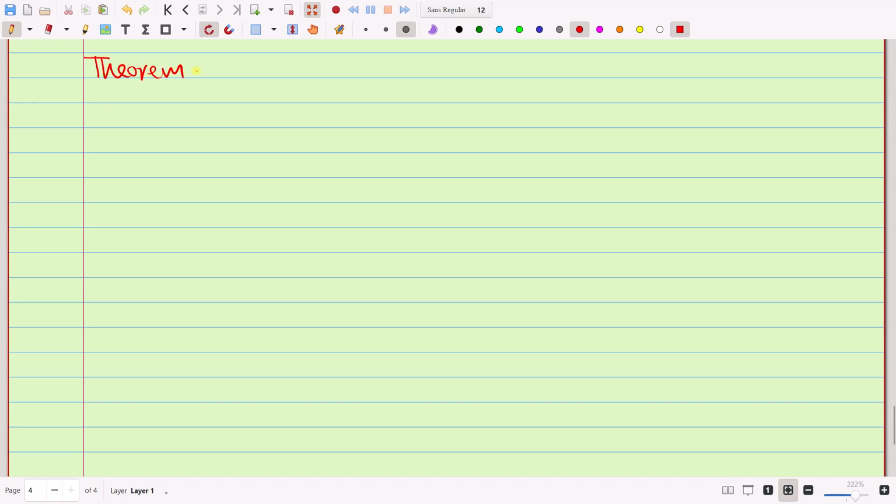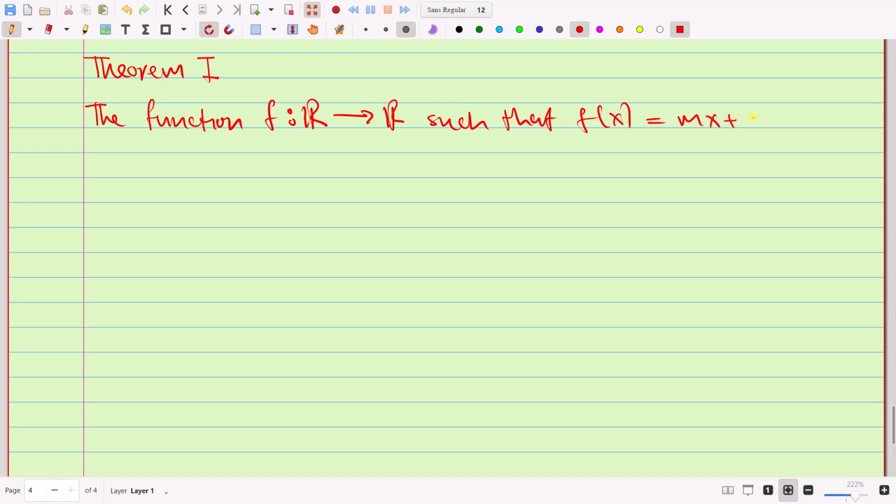Now what we're going to look at is the following result. We have the following theorem that is worth stating at this moment. The function f from R to R such that f of x is equal to mx plus c, with m, c elements of real numbers, is injective.